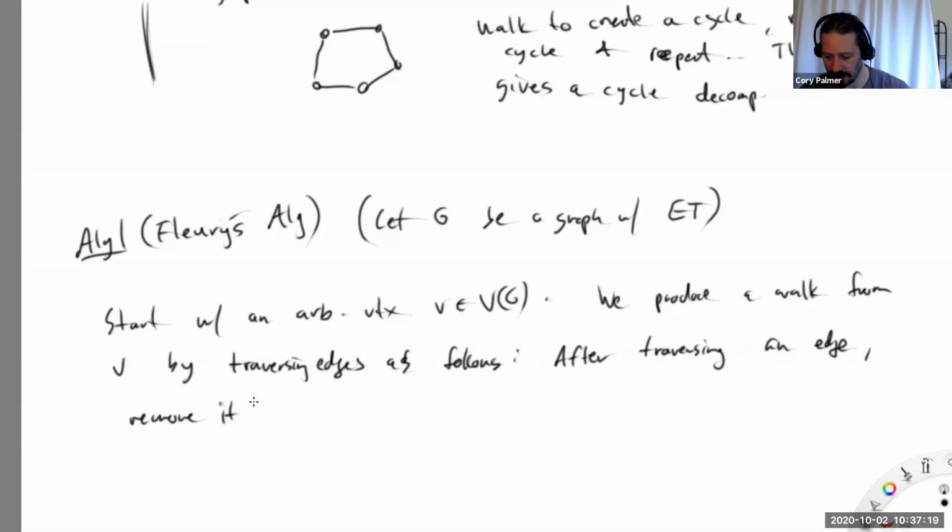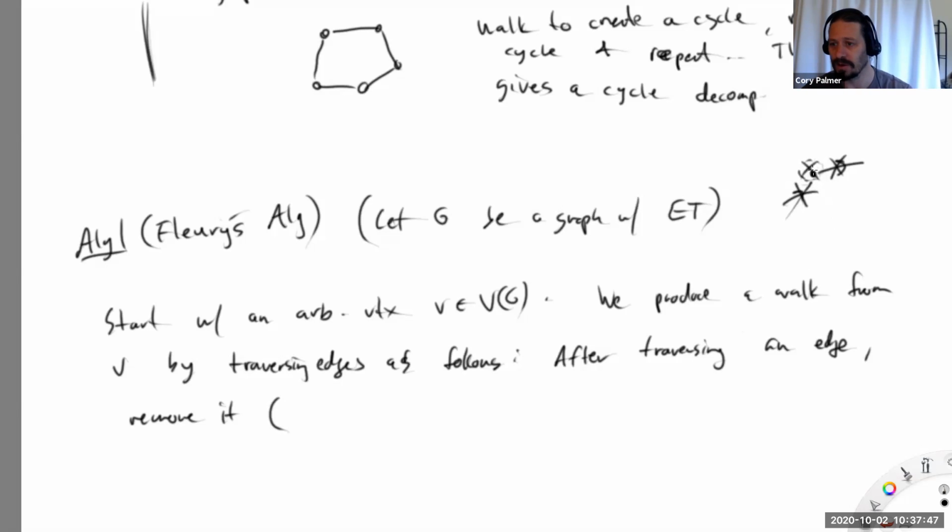Just the edge. If removing that edge creates a vertex of degree 0, so when I walk out of a vertex, it sort of isolates that vertex from the rest of the graph, I'm also going to remove that vertex. Imagine I'm at a vertex here. I enter that vertex and remove that edge, and then I walk out of that vertex and remove that edge, and now this vertex is by itself. I'm going to remove this as well because I don't need to worry about that anymore.